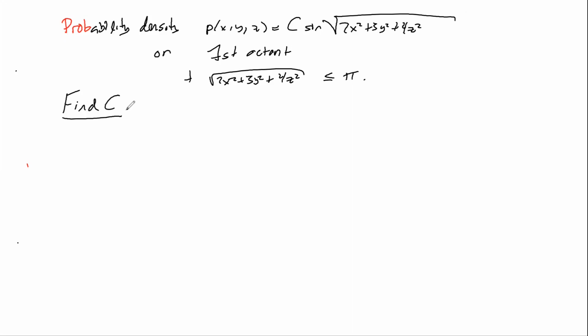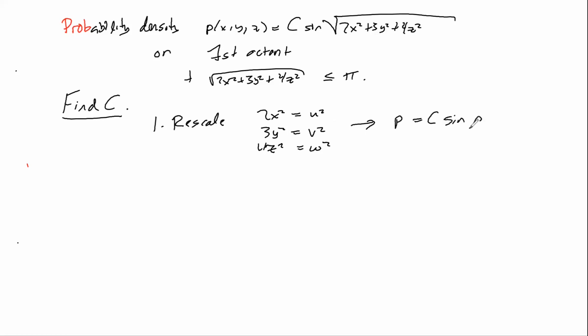And so just to remind you about what kinds of things these involve, there really are 2 steps here. One, you have to rescale. And that just basically means you get rid of the 2, the 3, and the 4. And so once you do that, that probability density becomes the spherical coordinate radius.